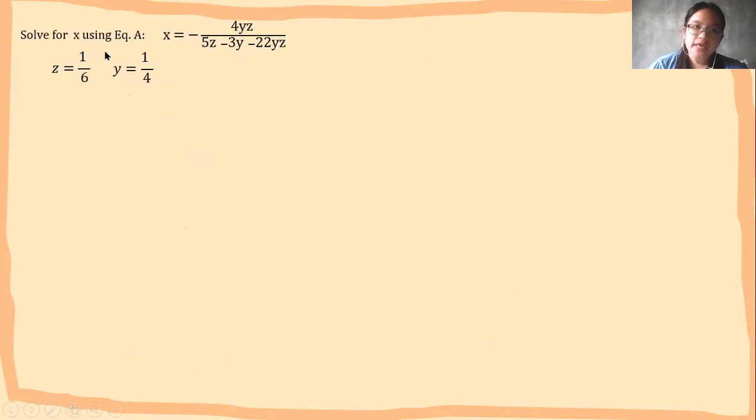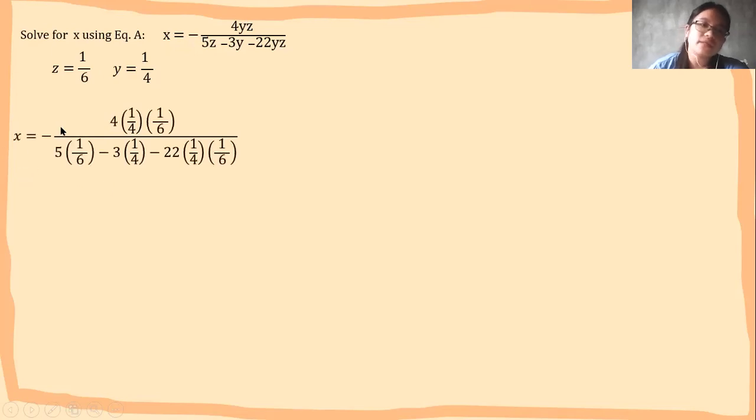Then let's solve for x using equation A. Let's find the value of x since we already have the values of z and y. So let's substitute all the y's and z's.